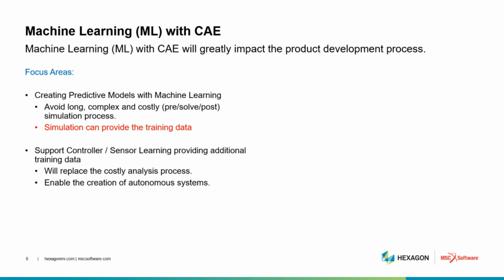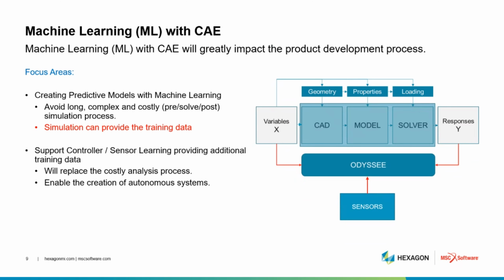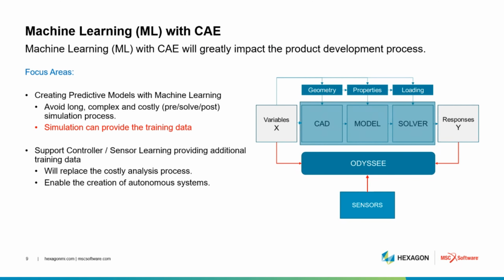We believe that machine learning will greatly impact the product development process because we avoid long, complex, and costly simulation processes. Simulation can provide training data for machine learning, and we replace the costly analysis process and can go toward an autonomous system. For every classical simulation, we have steps starting from the CAD model, preparing the geometry, and meshing.